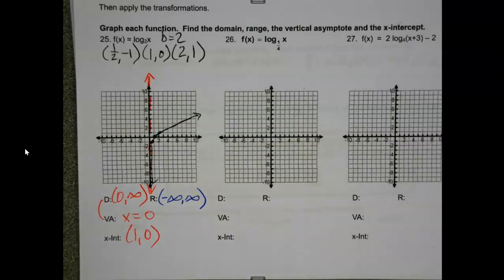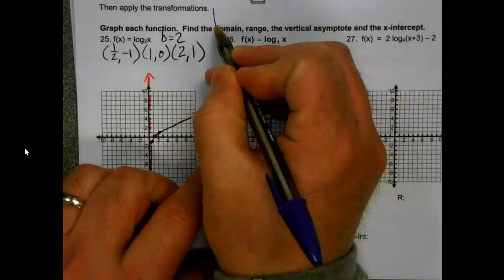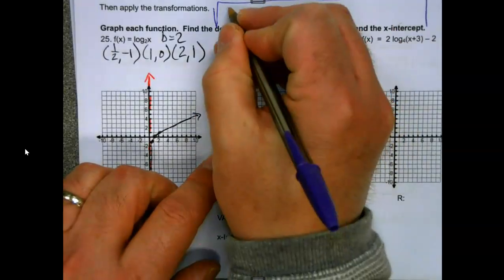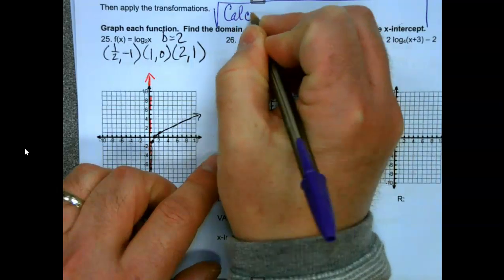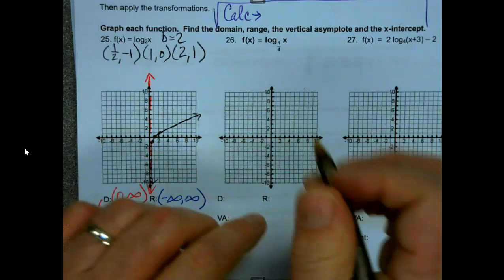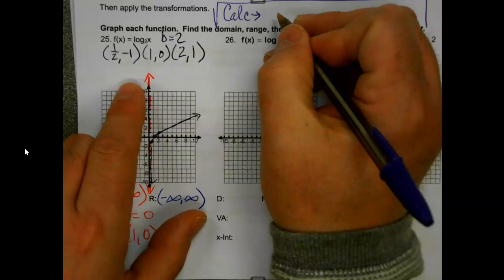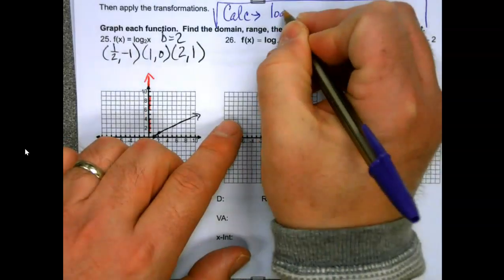But if you were going to go to the calculator, what's that going to look like? So let me jot this right here. If we're going to go to the calculator, I'm going to do a generic form of it down here.